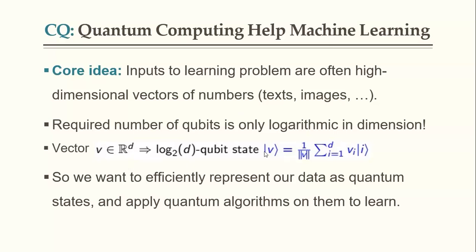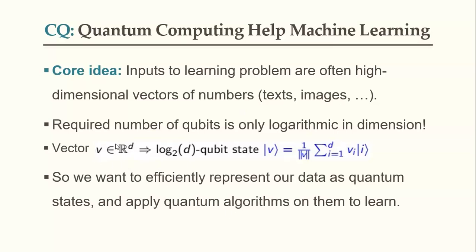In QML we encode classical data: the classical data we get in machine learning is converted into quantum states for quantum computations.